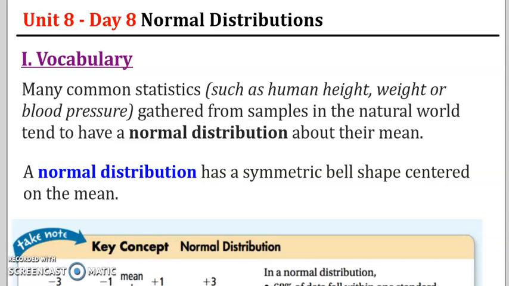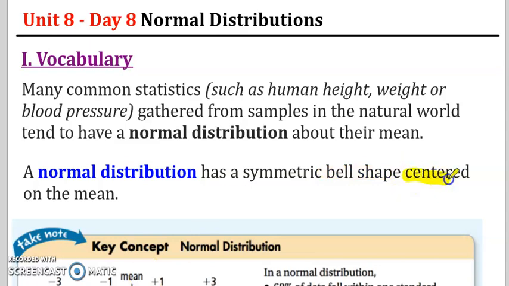Here is going to be kind of the start of the last thing we're going to discuss in Unit 8, and that is normal distributions. You guys have most commonly seen and heard these as bell curves. What a normal distribution says is that our center is the mean.